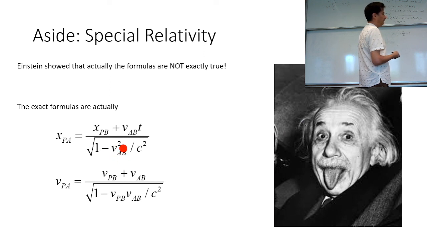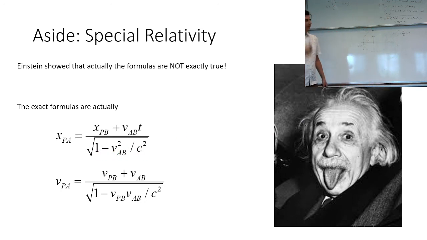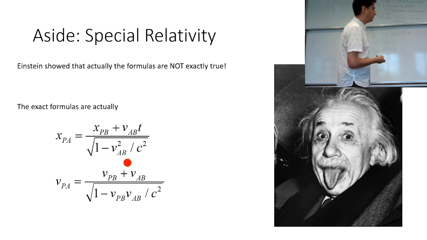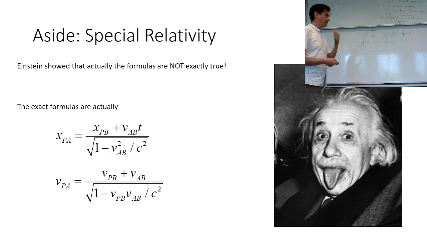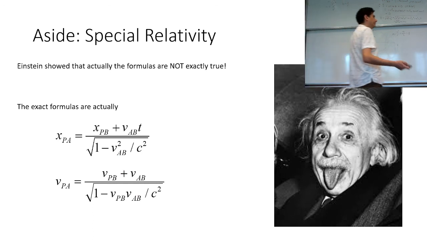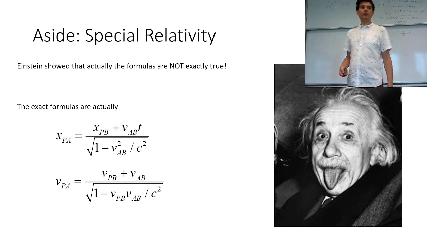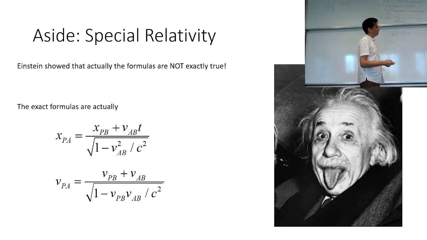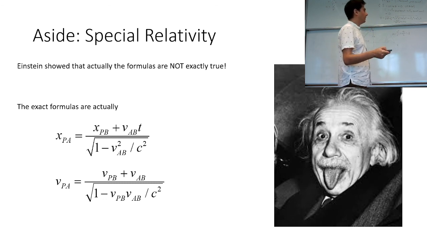Any velocity that we're talking about, this thing is very small, so it's going to be 1 minus some small number, which is almost 1, so you don't have to worry about it. Likewise with the velocity, in fact, it's not even quite as simple as taking the derivative of this. I think if you do a proper relativistic calculation, then it'll turn out to be this. So even things which look absolutely trivial and obvious are not even that. Well, that's physics for you.